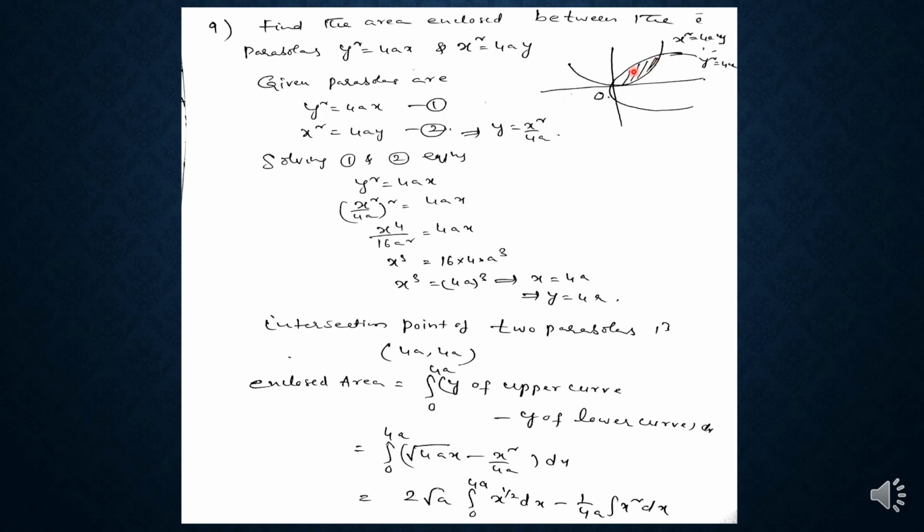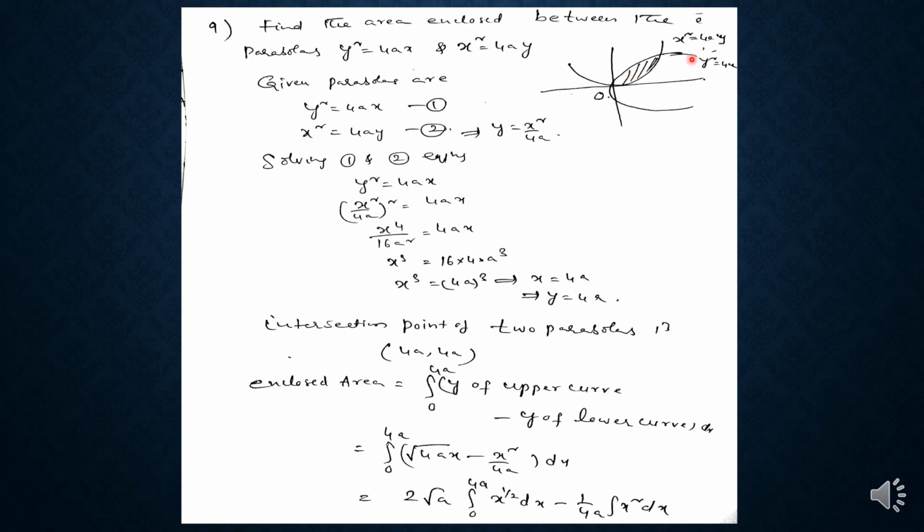To find this, at first we should find the intersecting points of these two parabolas. Then only we can find the area. So how can you find the area enclosed between two curves? That is the area bounded by the upper curve minus the area bounded by the lower curve.